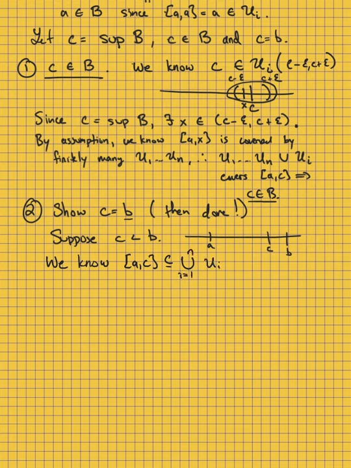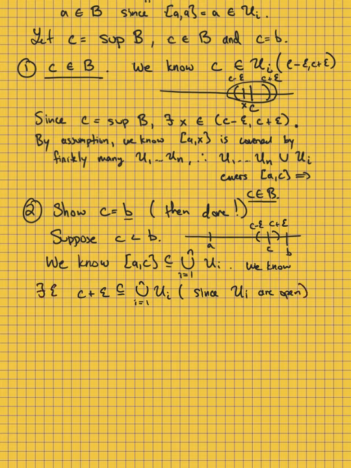from I equals 1 to n of the U sub I's. And therefore, we know that C plus epsilon is also contained in this union, because this is the defining property of these sets being open. So I can find some little neighborhood which is still contained in the union of these open sets. So there exists some epsilon.